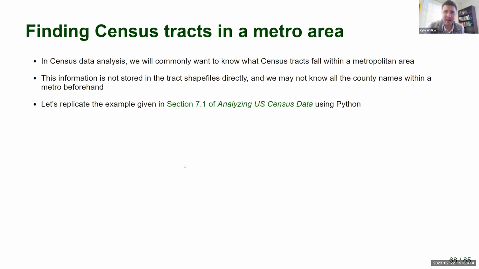We could define tracts within a metro area based on county names, but we may not know all the county names within a metro. Some metros have a lot of counties in them. So I'm going to replicate the example given in section 7.1 of my book, in which I take the Kansas City metro area and use spatial filtering to identify the tracts within it.